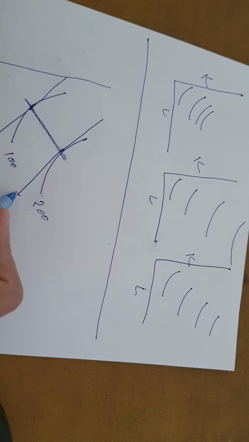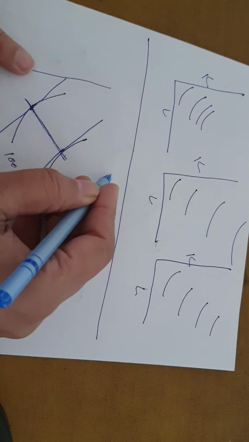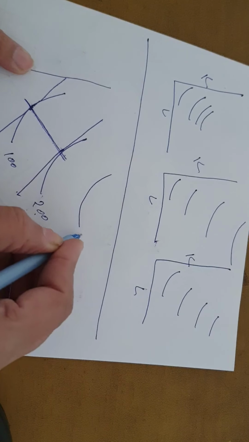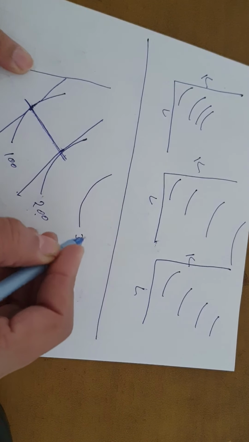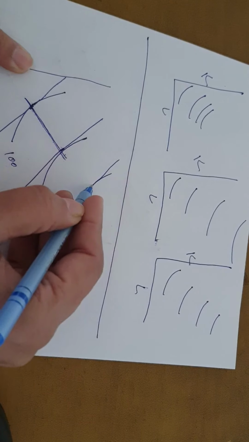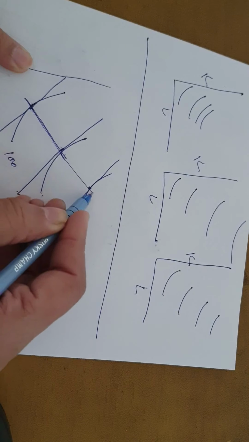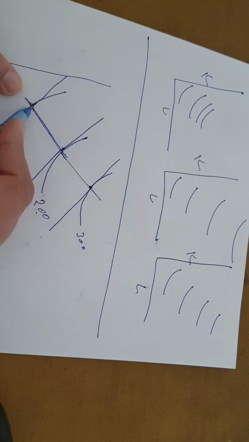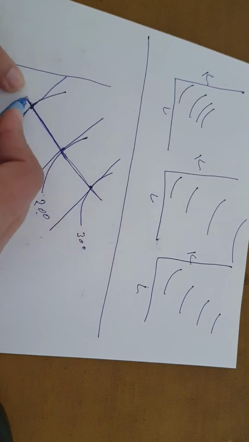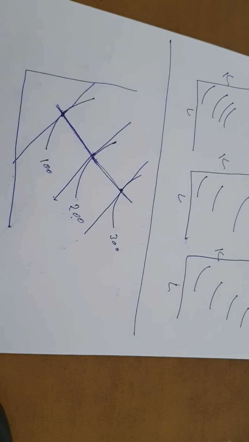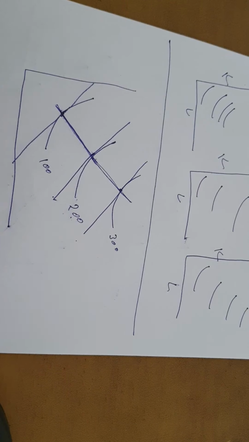Again, if you want to increase your production by 100 units, then this is the isoquant for 300 units and this is the isocost line to produce 300 units. So you can join this line. So this is called the expansion path.